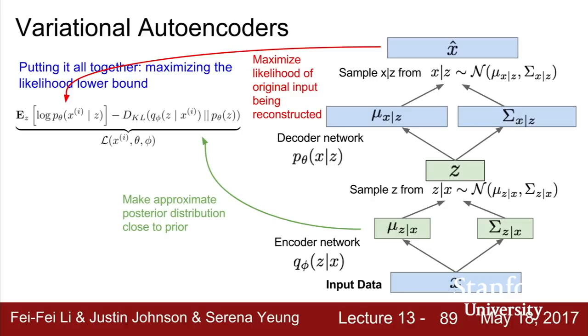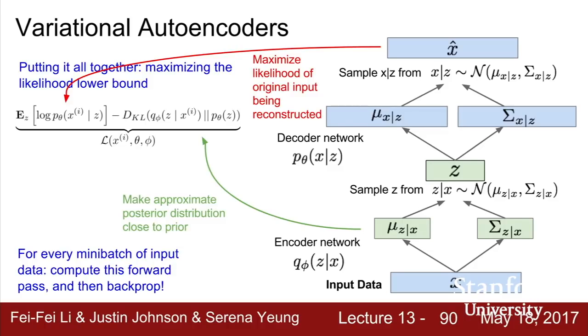So our loss function says, let's maximize the likelihood of this original input being reconstructed. For every mini batch of input, we compute this forward pass and get all of these terms we need. This is all differentiable, so we just backprop through all of this, get our gradients, update our model, and continuously update our generator and decoder network parameters, theta and phi, in order to maximize the likelihood of the training data.